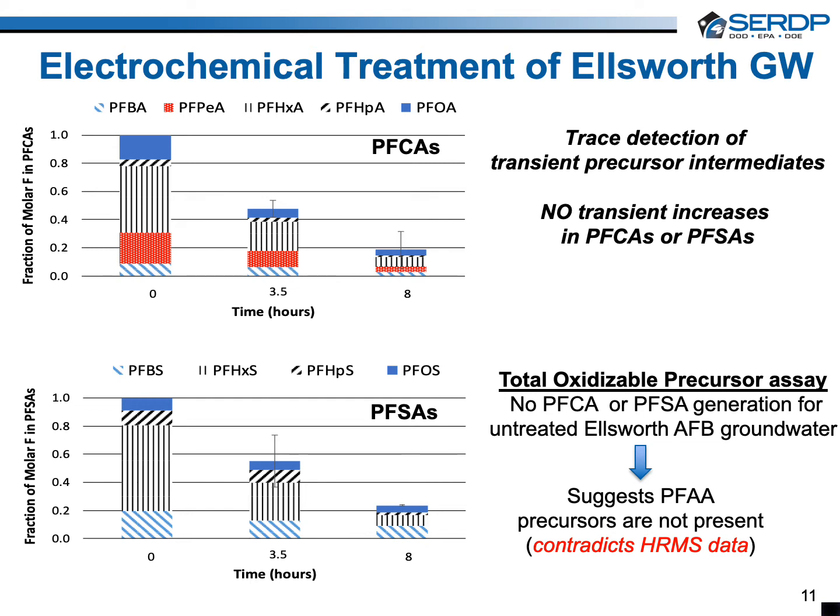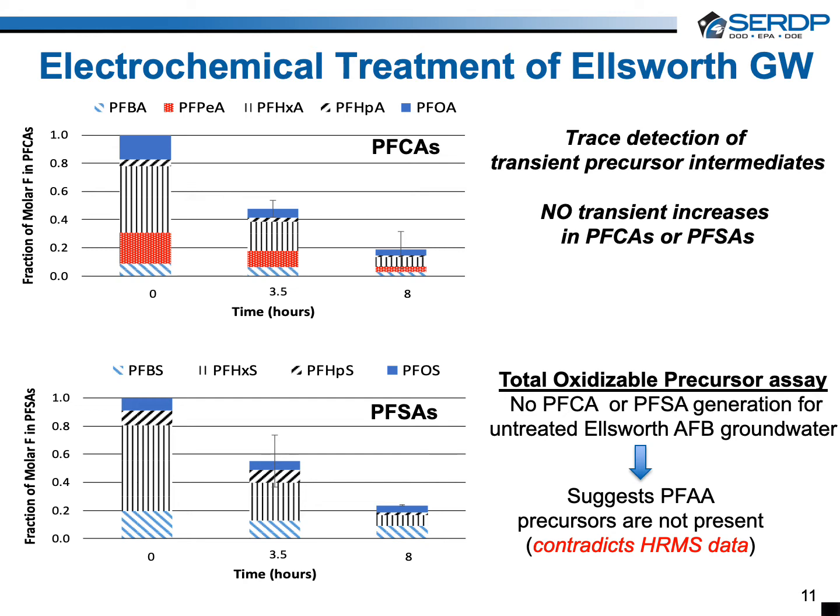At least nothing compared to what we saw in the previous water. This is a little surprising, because remember, there were about 5 times, again based on area counts, the concentration of polyfluorinated compounds in this water compared to the 3M AFFF spiked water.